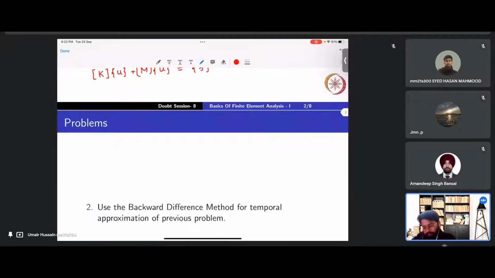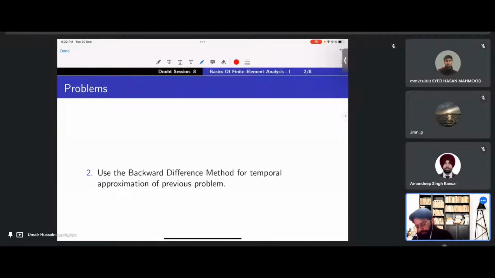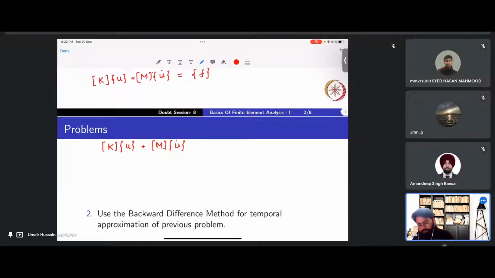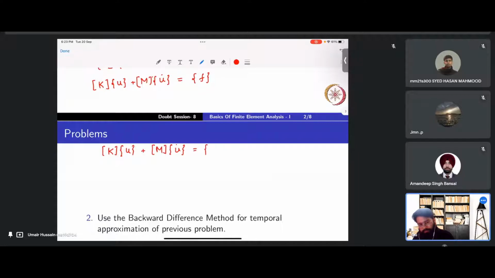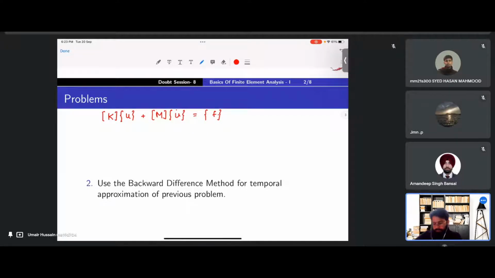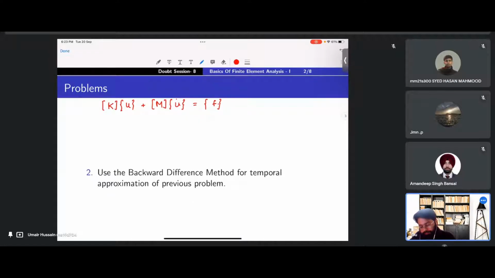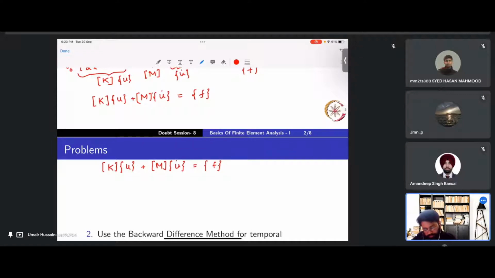So now we need to perform our approximation, the alpha family approximation. What we have here is k, u, m, u dot, f.